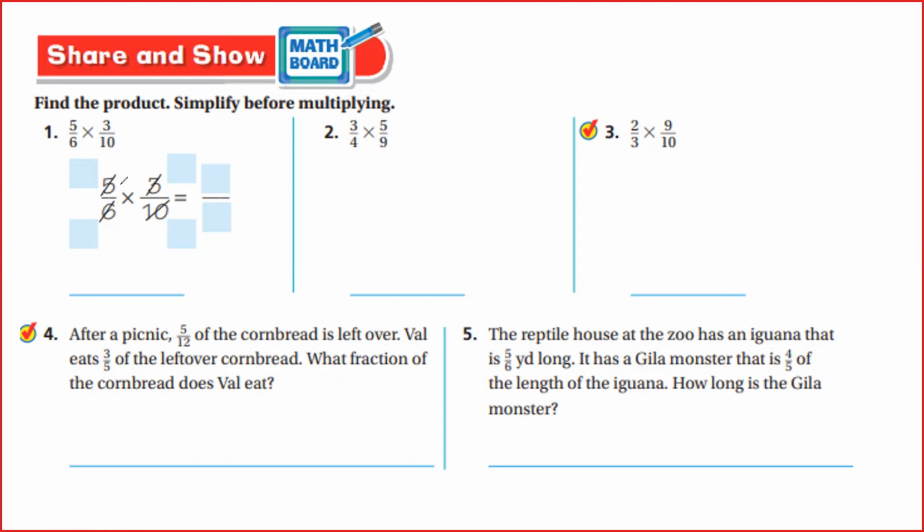Since 5 is a prime number, it can be divided by 5. Good job. 5 divided by 5 is 1. 10 divided by 5 is 2. Bravo.